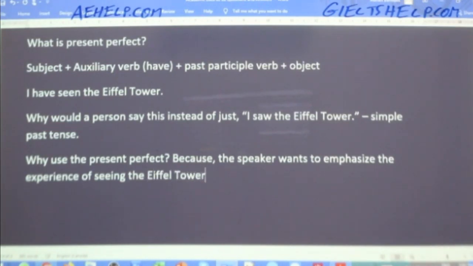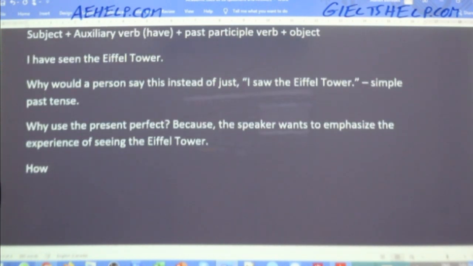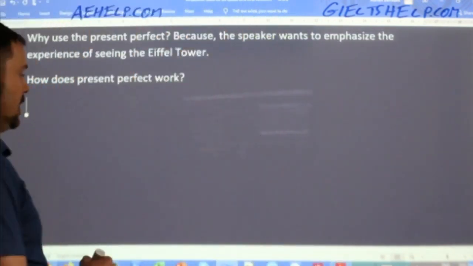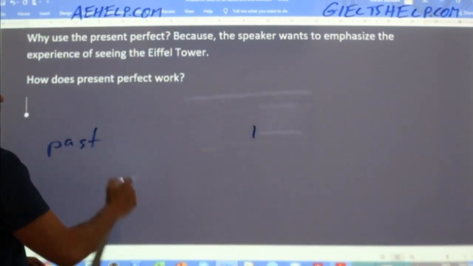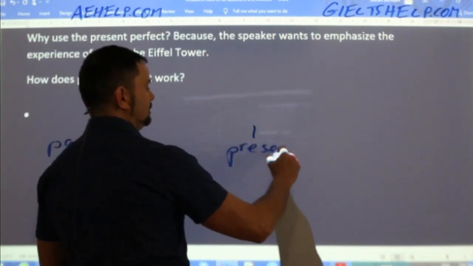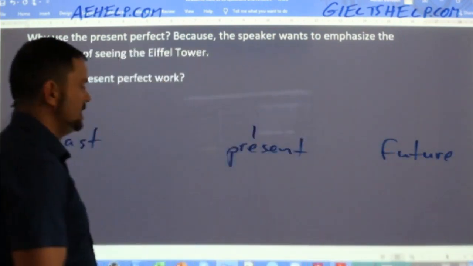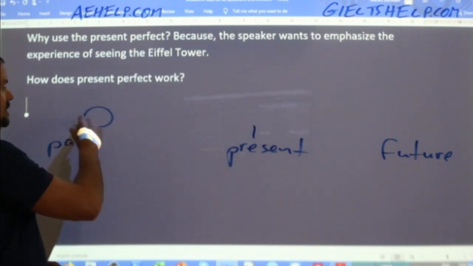Okay, so how does it work? I'm going to show you this and it'll make sense. So how does present perfect work? And you've probably seen this in your grammar books, or you learned it in your English class. So here I am, okay? This is the time, so this is the past. This is the present. And this is the future. And many of you, I'm sure, have probably seen this diagram before when you learned present perfect, that there's an event in the past.